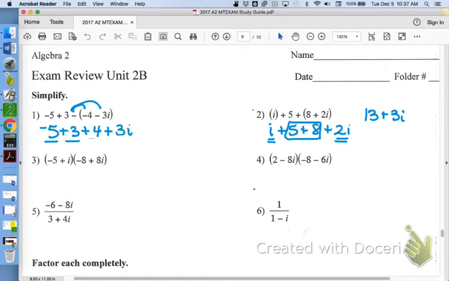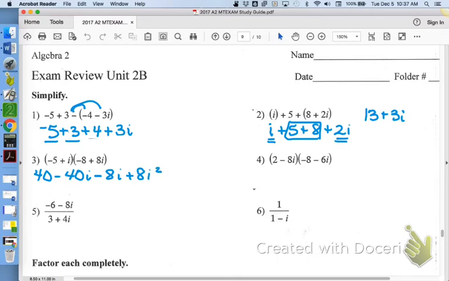Okay, number 3 is actually a multiplication problem. So I'm going to distribute the negative 5, and I'm going to get 40 minus 40i, and then I'm going to distribute the i times negative 8 is negative 8i. i times 8i is plus 8i squared.